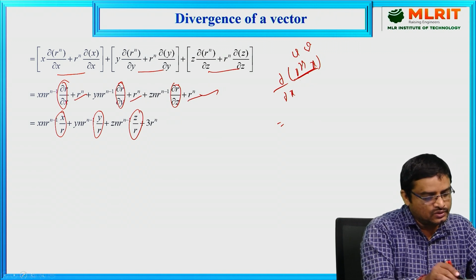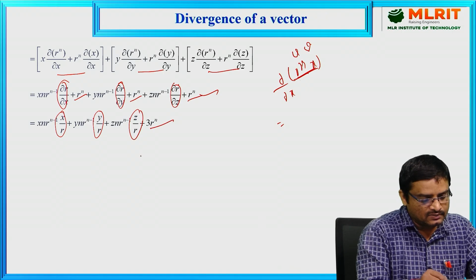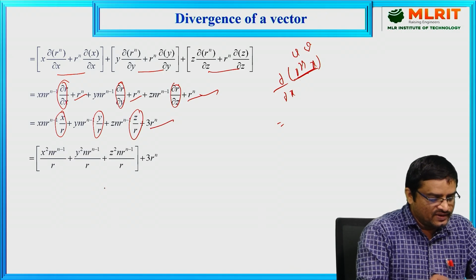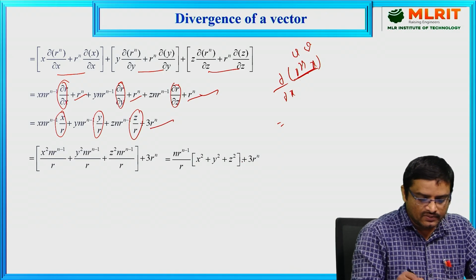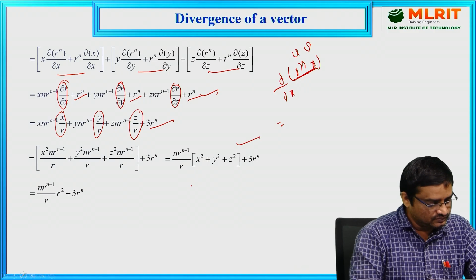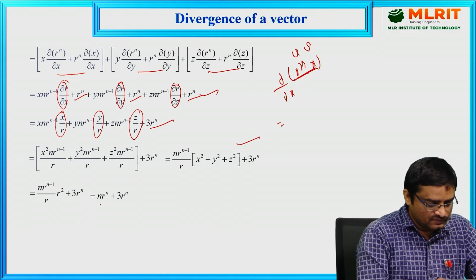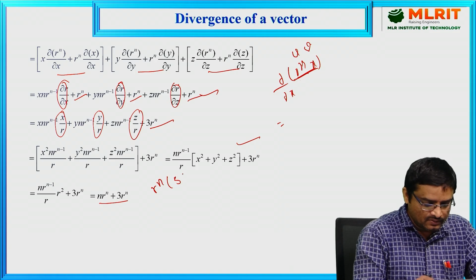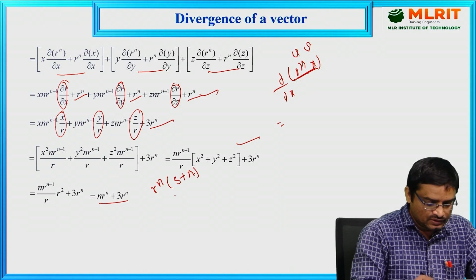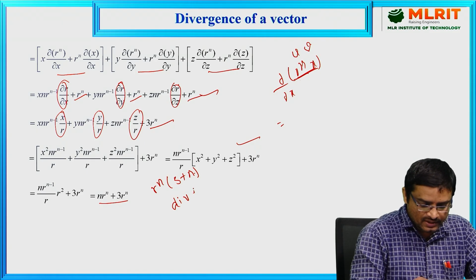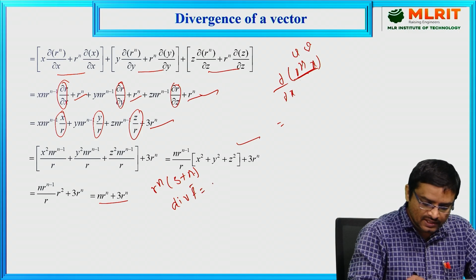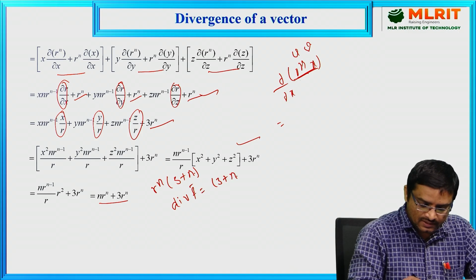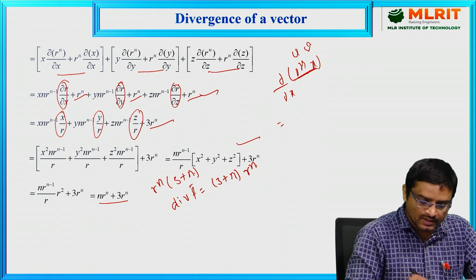Now simplify this, and we will get our required value. Take r power n outside. The remaining part is 3 plus n. So div f bar is equal to 3 plus n into r power n.